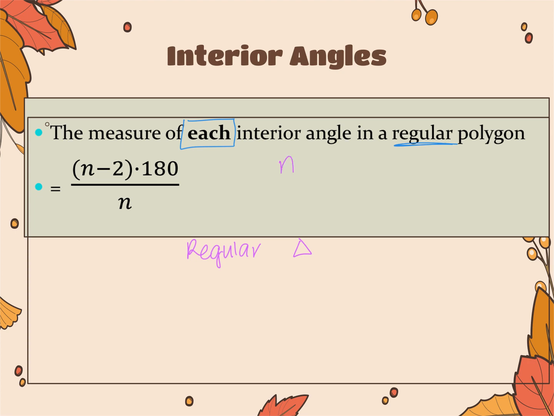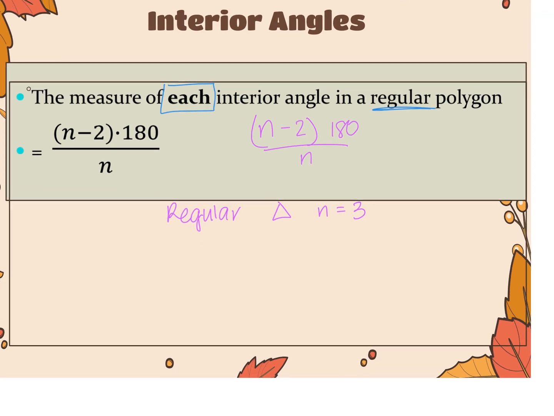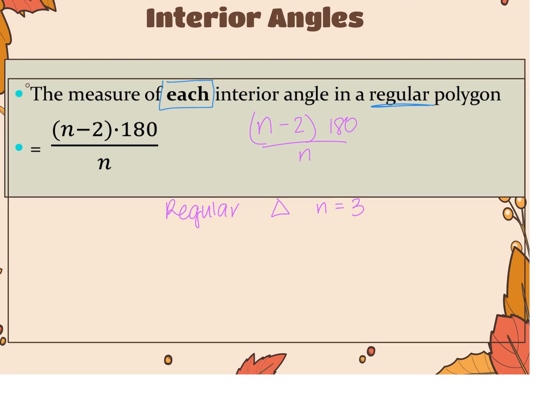So our formula is n minus 2 times 180 divided by n, and my regular triangle has 3 sides. So I need to solve for each interior angle of a regular triangle. We're just using a triangle, but this works for any regular polygon.